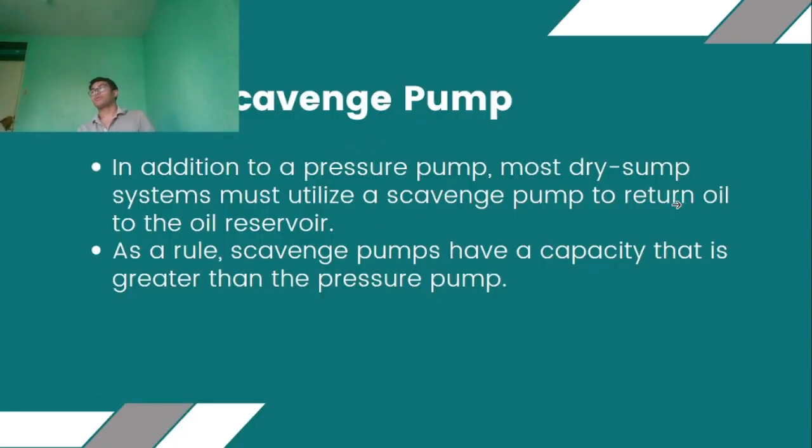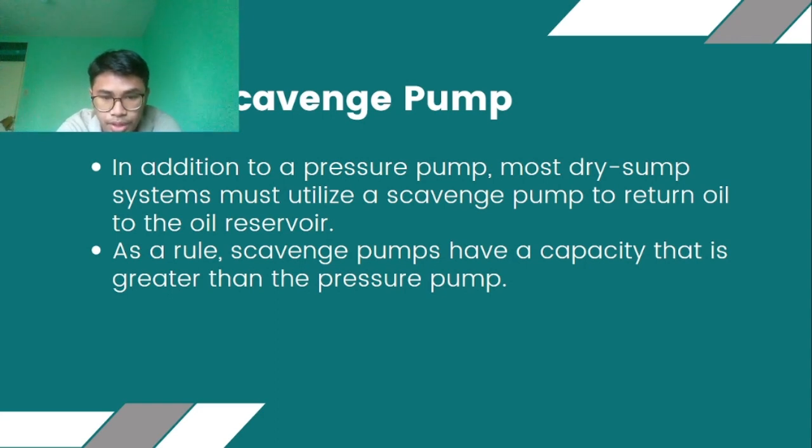Then, the scavenge pump. So, the scavenge pump, ginagamit siya para ipabalik or masuksok niya pabalik yung oil. The scavenge pump is typically located in the lower part of the engine and is driven by the engine's accessory drive system.